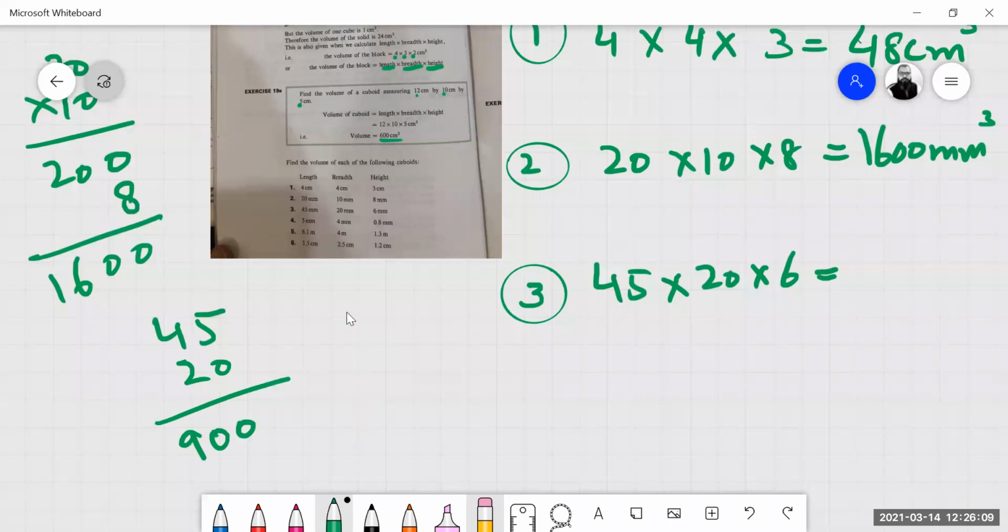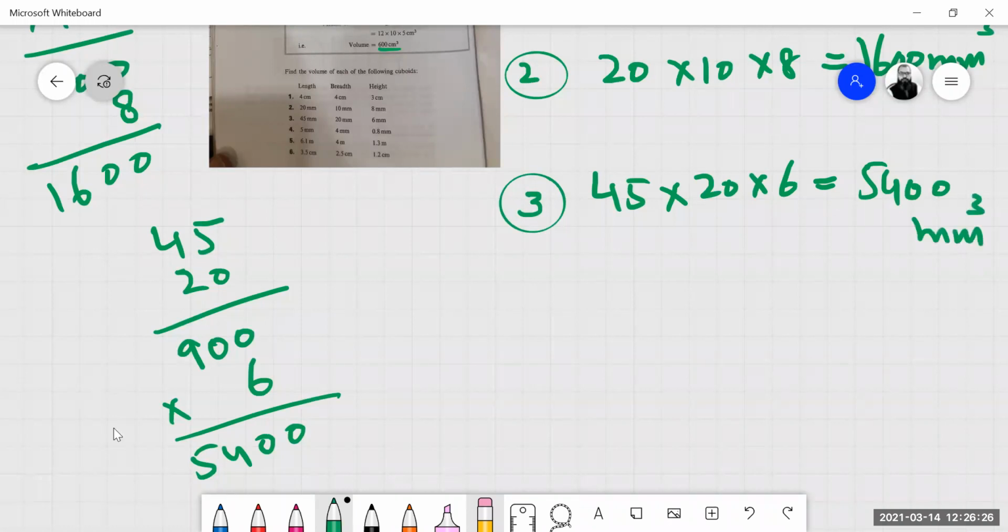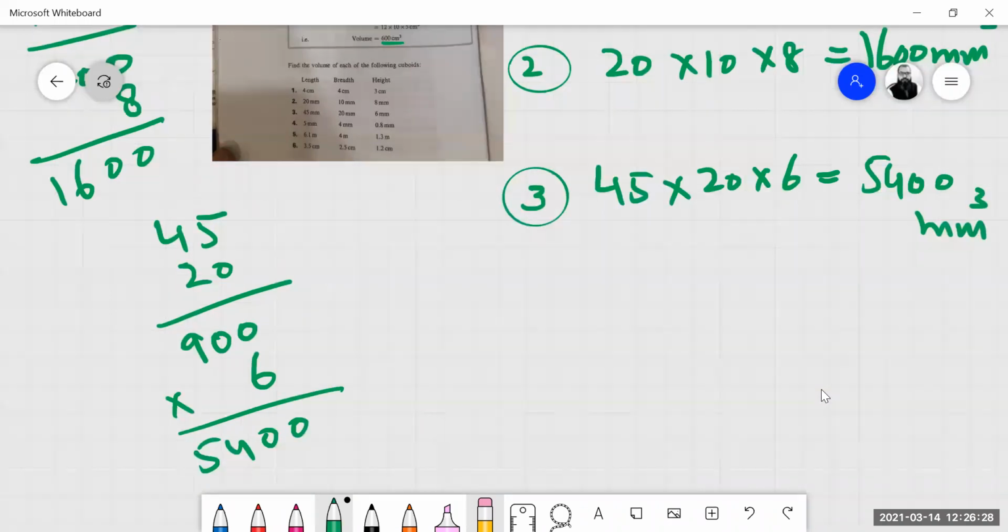And then 900 multiply by 6, 5400 millimeter cube. Is it clear for everyone?